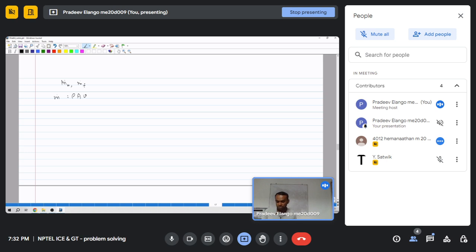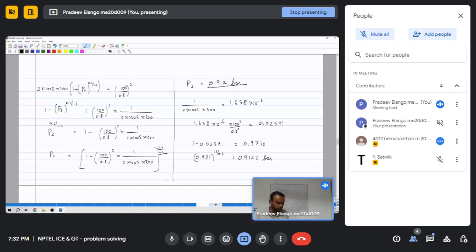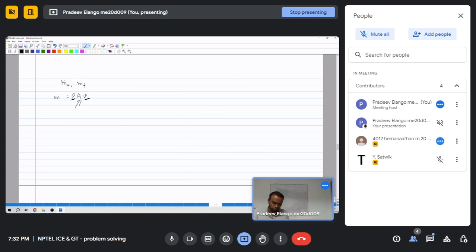We need to use this equation and find the area. We need to find area at throat and velocity at the throat. For air, velocity at throat is already given. We need to find rho only. So to find the rho, we need to use the isentropic process, which is P1 V1 power gamma equal to P2 V2 power gamma. So for this we need to know V1. How do you know V1?